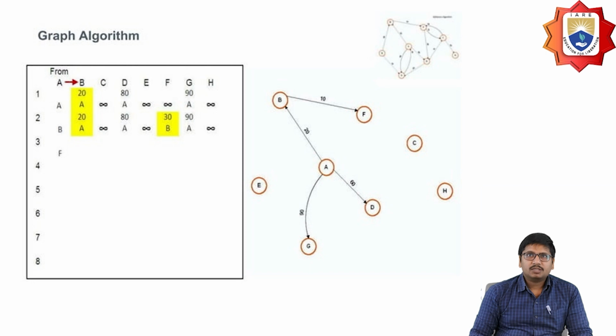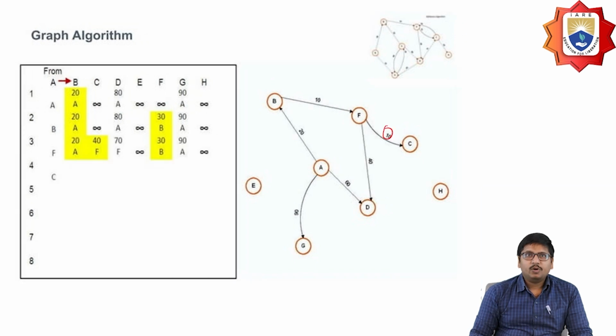What should be the next minimum? B to F should be 30, 20 plus 10, and B to D should be 80, and from B to G it should be 90.